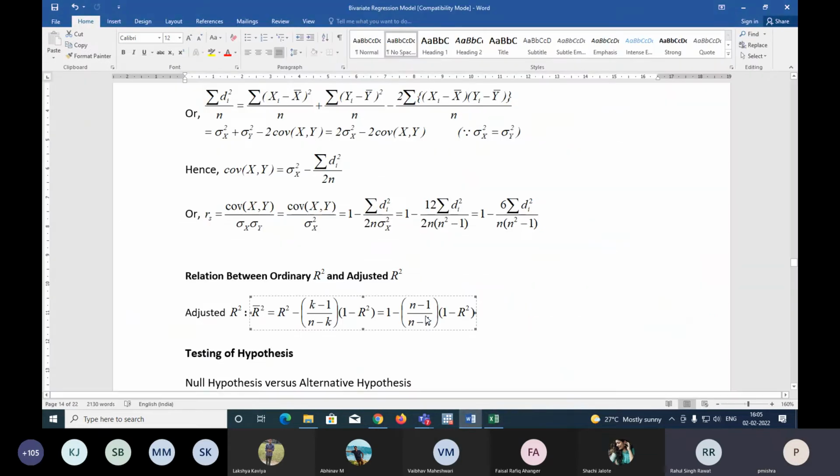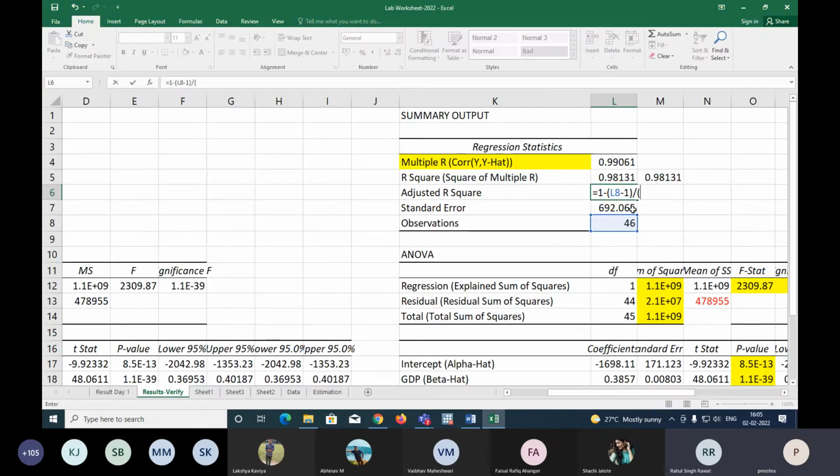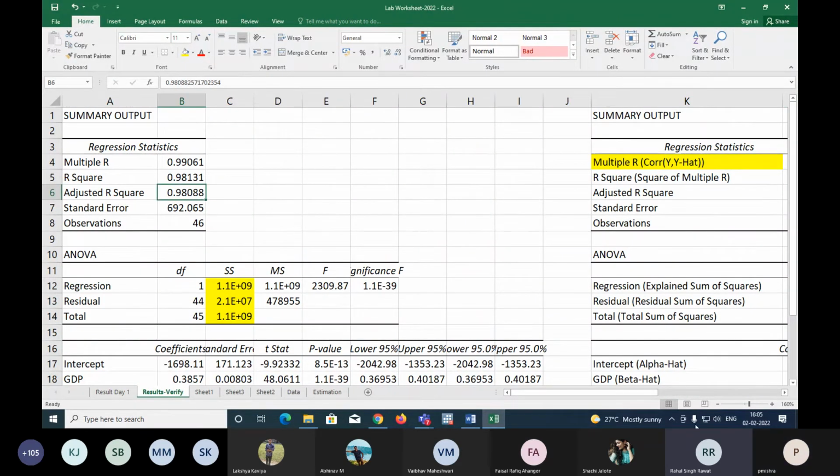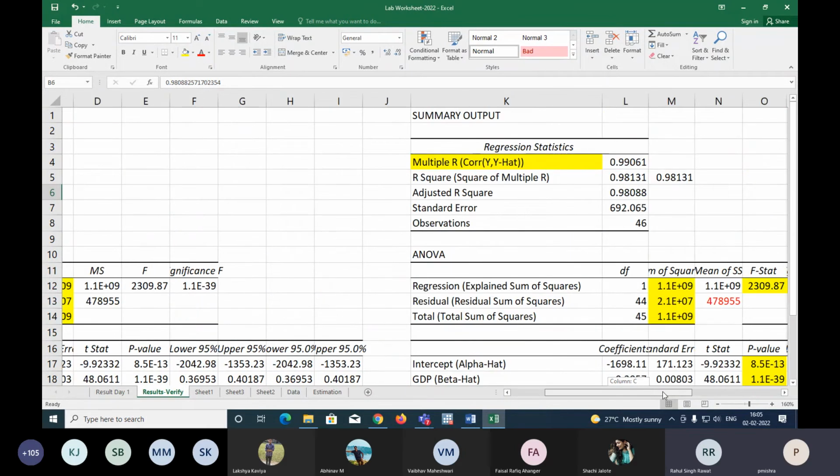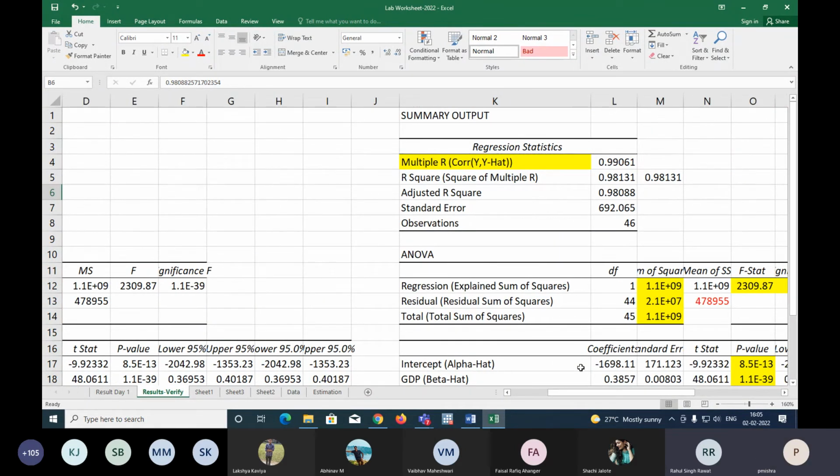If you see this formula, n minus k means 2, this whole into 1 minus this R square. This is the value of adjusted R square, 0.98088, you see, 0.98088. Is it clear?